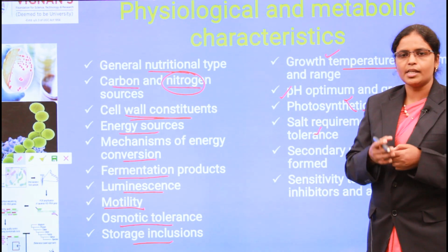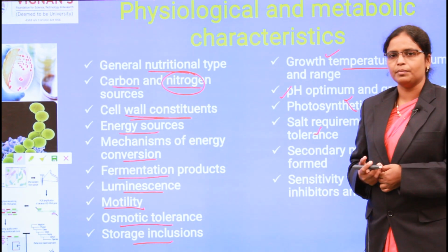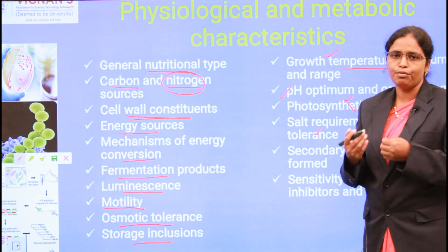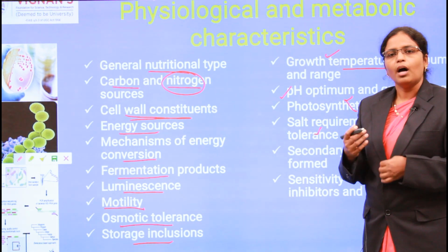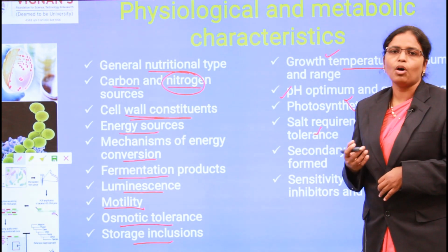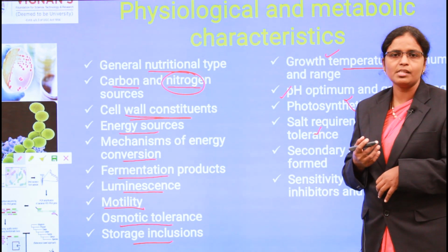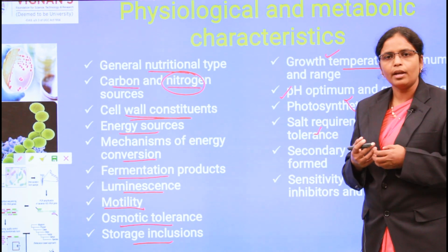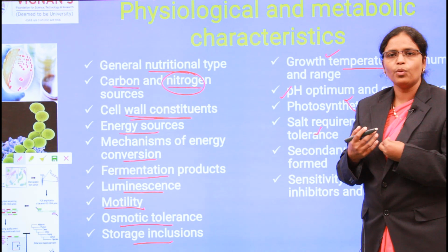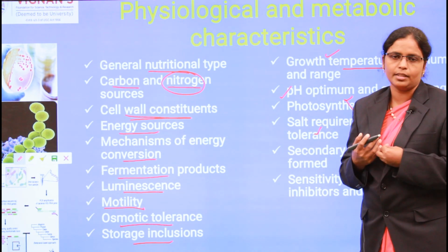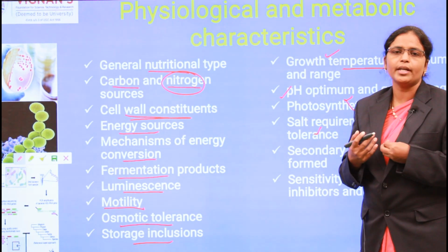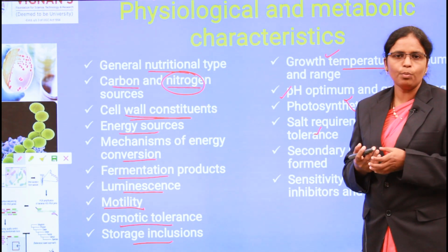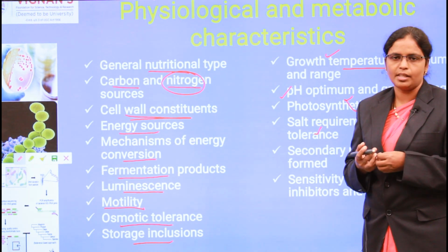If you see another example, our body also consists of microorganisms. Our body temperature is 37 degrees centigrade. The microorganisms live in our intestine and gut, which means they are tolerating 37 degrees centigrade.